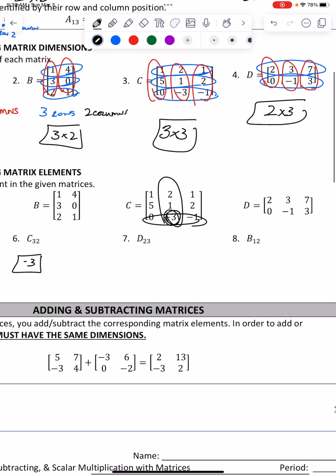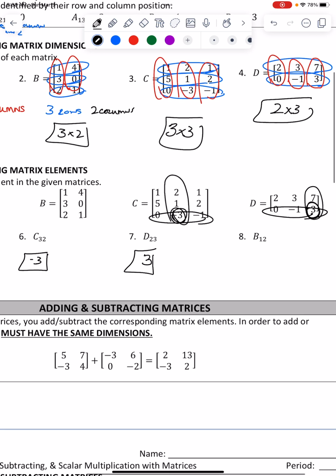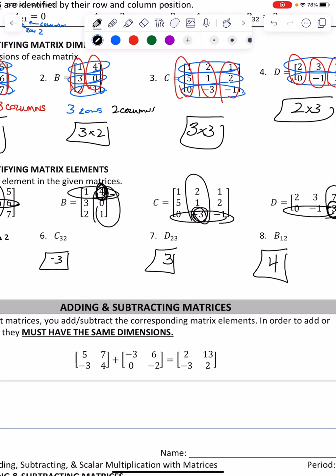Number 7, D23 would mean row 2, column 3. And B12 would be row 1, column 2, so 4. So that's identifying dimensions and elements in a matrix.